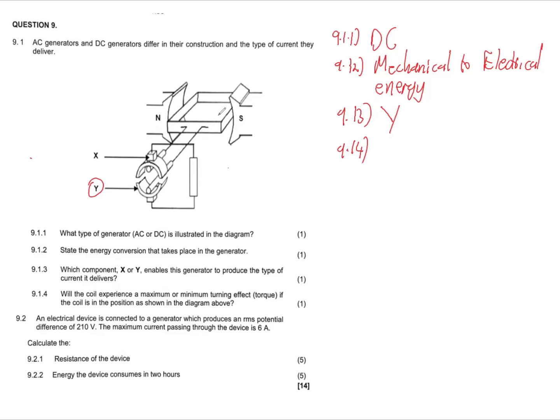So now we can see that this position here is a horizontal position. And as we have already stated, with the horizontal position, we have the maximum voltage, the maximum turning effect, right? So that means 9.1.4, we want to say maximum.